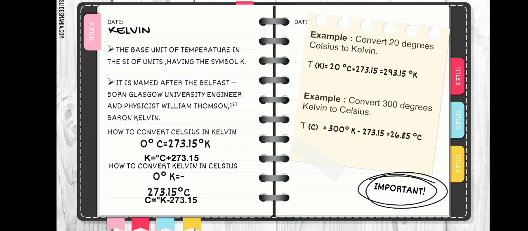So next is the basic unit of temperature, the Kelvin. It is named after the Belfast-born Glasgow University engineer and physicist William Thomson, first Baron Kelvin. Here, I just give some examples of how to convert Celsius to Kelvin, and Kelvin to Celsius, or vice versa. I know you are familiar with this or you already knew this.